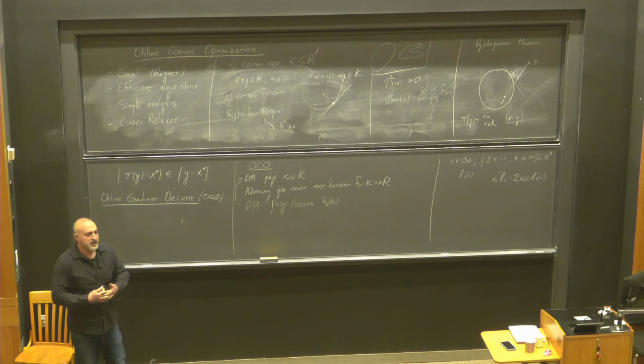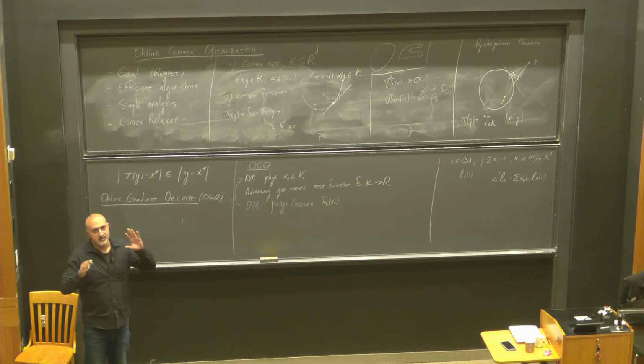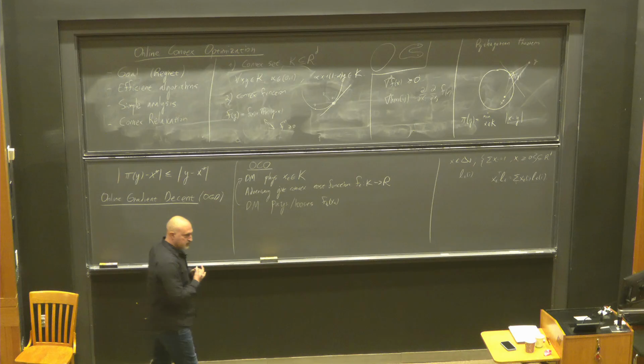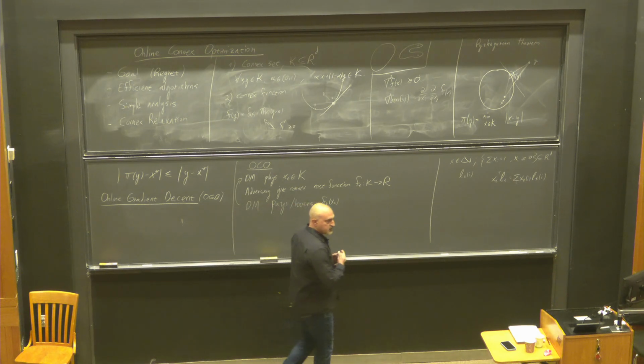Well, for that, I didn't need to define convexity and all these complicated things that I defined. I must gain something more, and what I gain more is, for example, the ability to model online shortest path. So how can I model online shortest path? Kind of touched upon it last time.